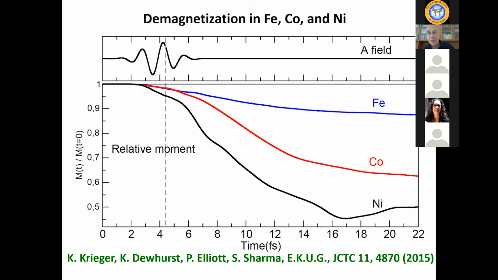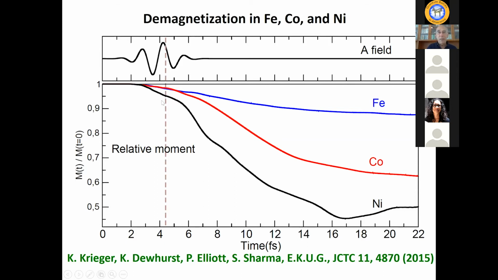So here's now the first result, a calculation for iron, cobalt, and nickel bulk. In the first line, you see the laser field. It's a pulse of about 6 femtoseconds or so. And this is then the magnetic moment, the magnetization density integrated over the unit cell as a function of time for iron, cobalt, and nickel.